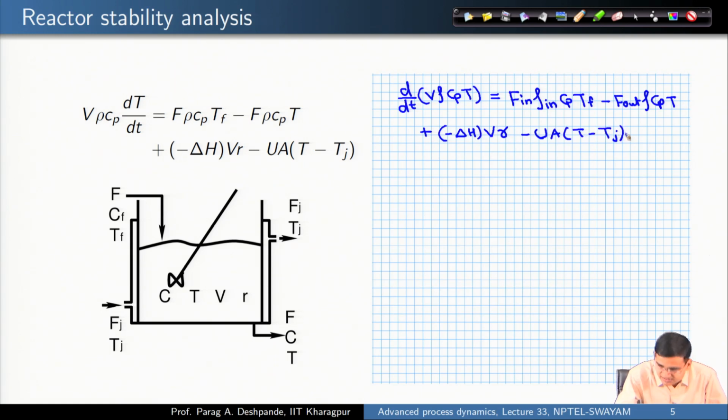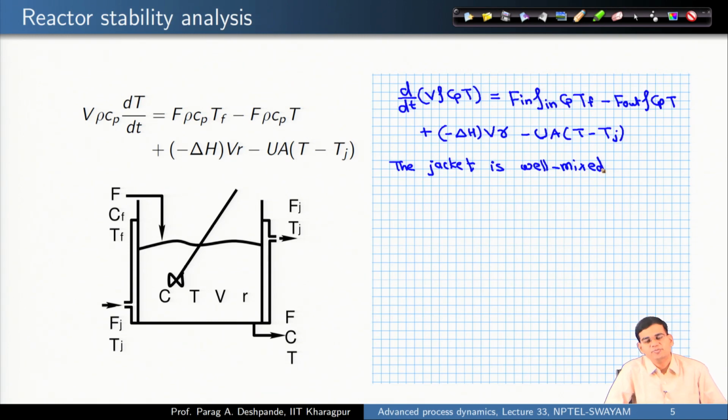Now, this is an important assumption which we need to remember. So, now what you have is a system in which the jacket has well mixed contents. So, the jacket is well mixed, which means that there will not be any gradients, spatial gradients within the jacket.